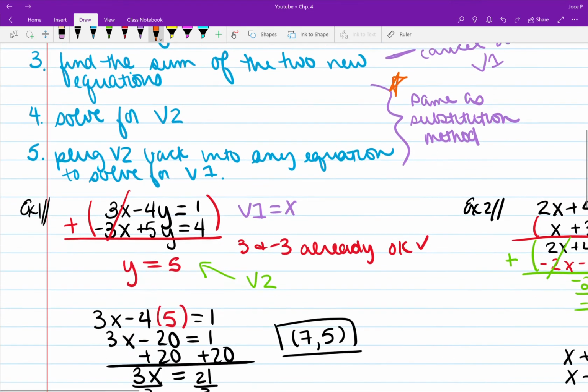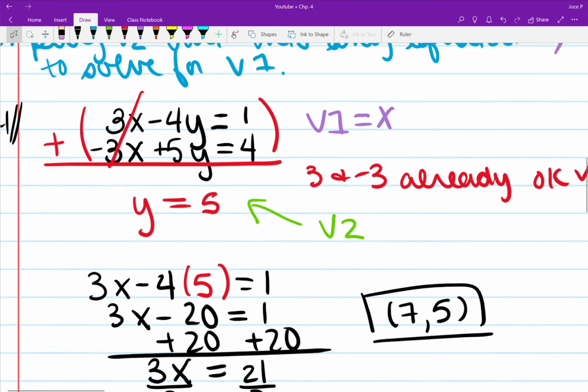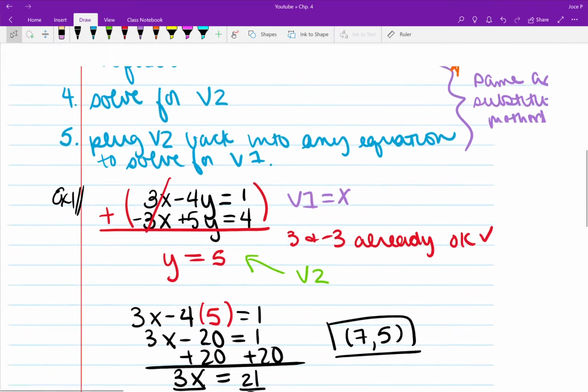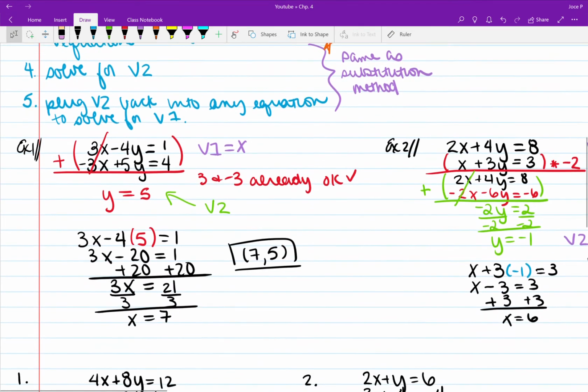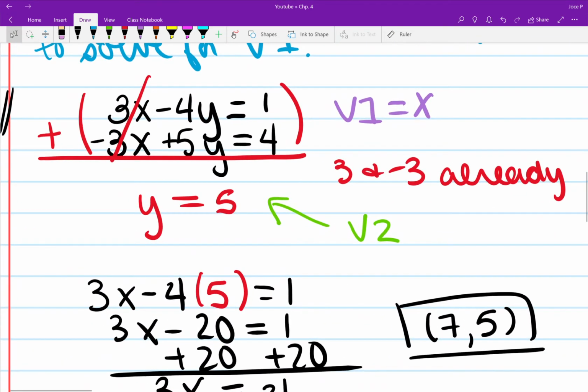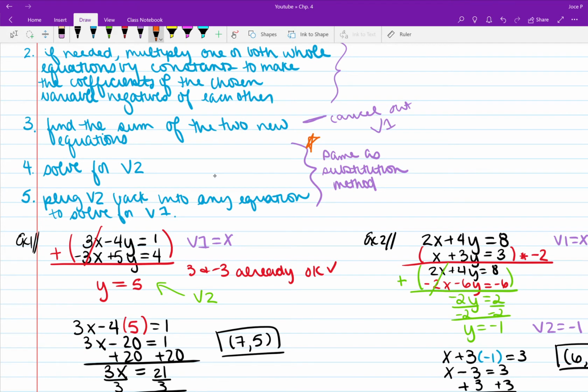Example number 1. I chose V1 to be x. However, with the original equations, we didn't need to do anything for step 2 by multiplying by any constant. Don't worry, in the next question we will need to, but we'll take it step by step. So, step 3, we're going to take the sum of both equations. Step 3, find the sum of the two new equations, as it says right here.